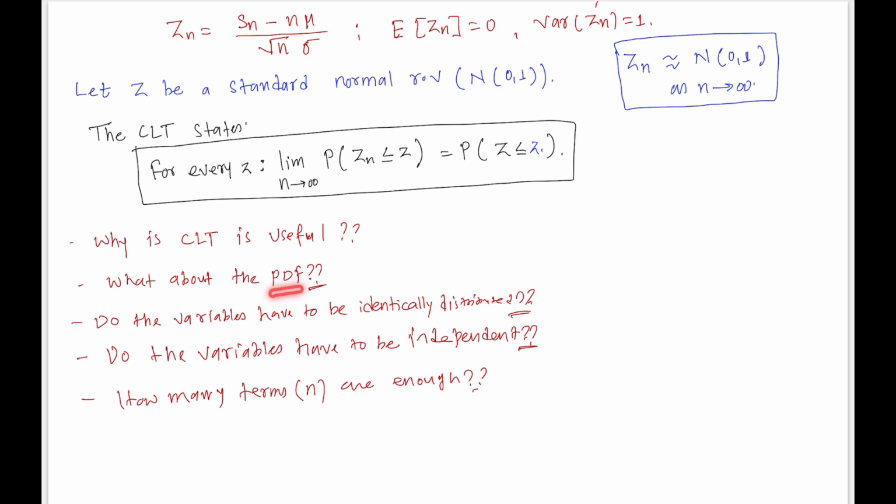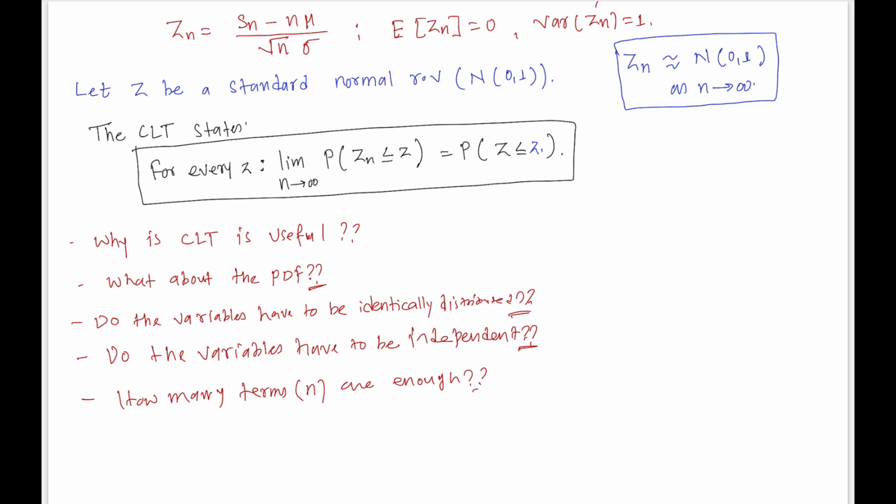In order to talk about the convergence of the PDF or PMF, you need those extra assumptions, and I will not be going into them, but the end point is that yes, the PDF and PMF will also converge with some extra assumptions. That is what I wanted to say.